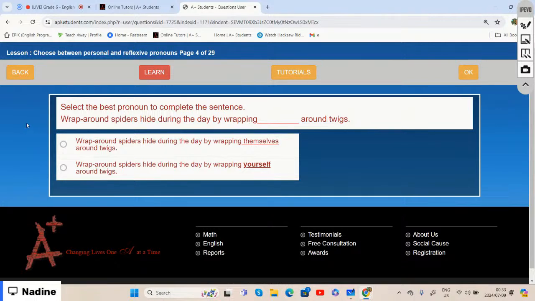All right, the next one says, wraparound spiders hide during the day by wrapping, do we say by wrapping themselves around twigs, or by wrapping yourselves around twigs? Which one is the correct option?